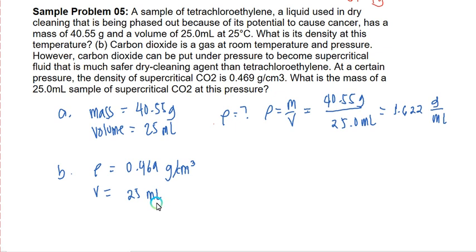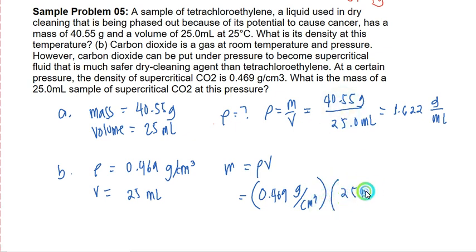Pangitaon naton syempre, or gina-require sa aton is the mass, or M. So, based sa ating formula, mass is equals to density times volume. So, that is equal to density natin nga given is 0.469 gram per cm cube. Next, volume nga given is 25 ml.